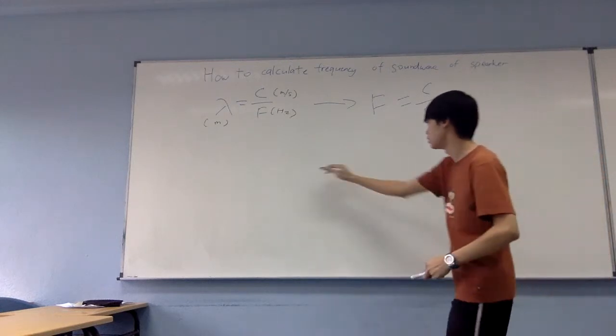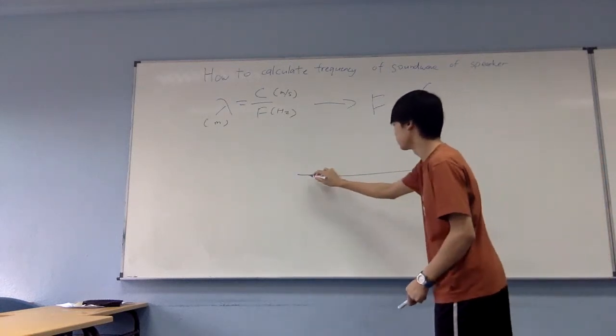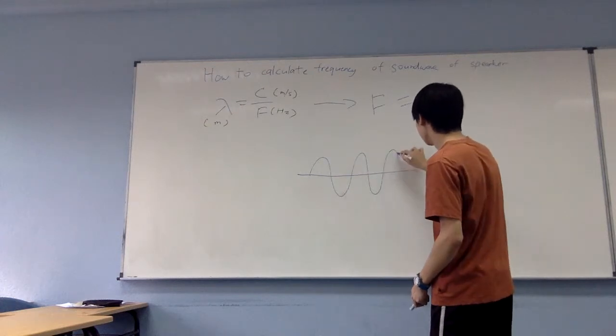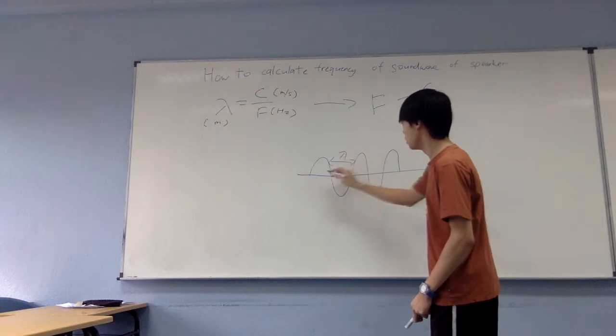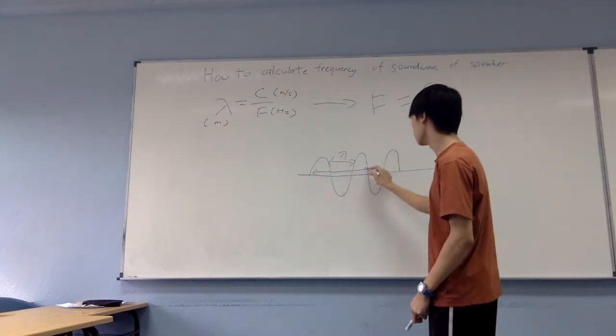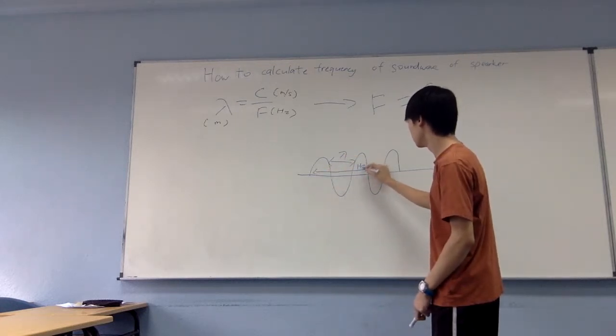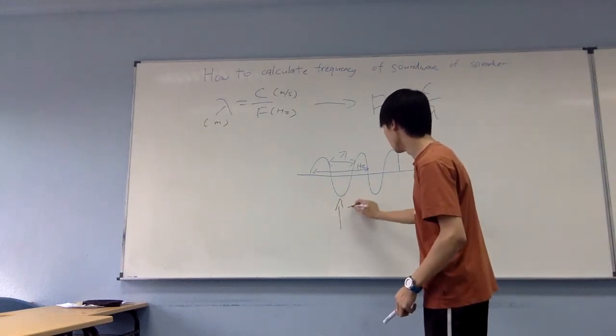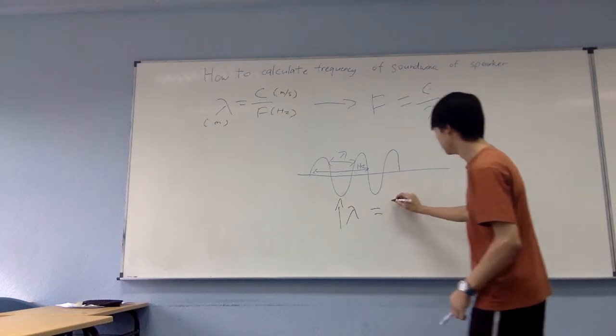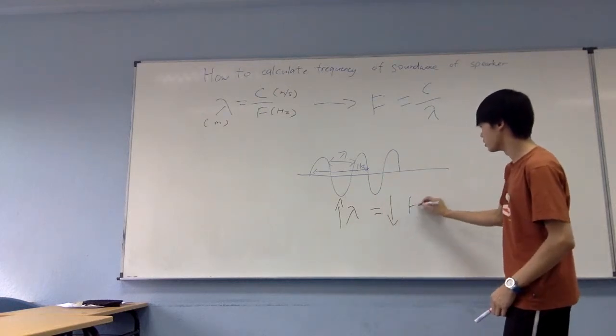For example, this is the lambda and this is the frequency. The higher the lambda, the lower the frequency.